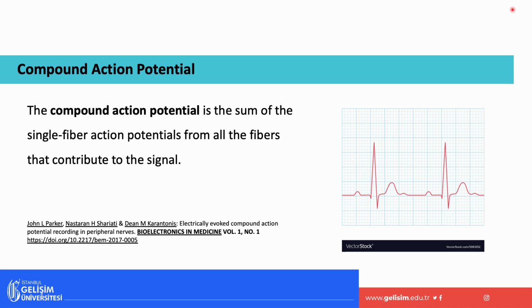So overall, the compound action potential provides a powerful tool for looking into the electrical activity of neurons and understanding the complex workings of our nervous system. So by studying the compound action potential, we're able to gain a better insight into how neurons communicate with each other and how this communication is disrupted in neurological disorders.